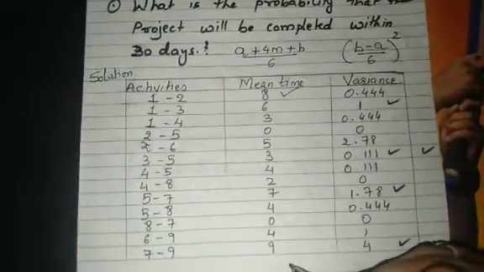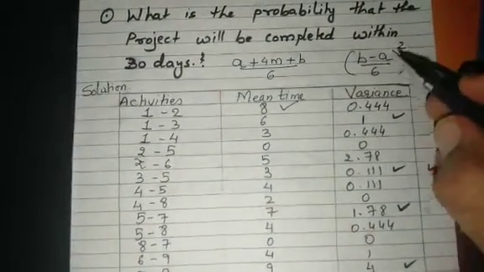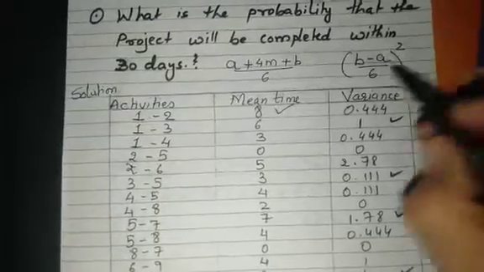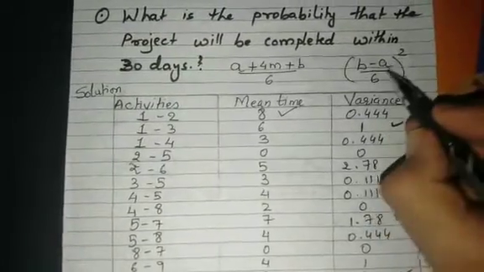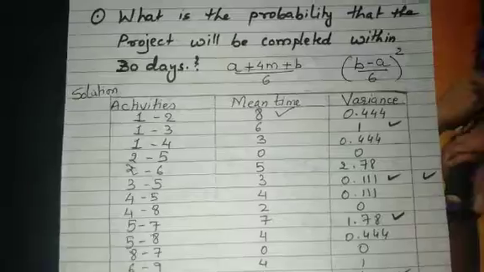After finding the mean time, you have to find variance. So that is again formula based, that is b minus a upon 6, the whole square.